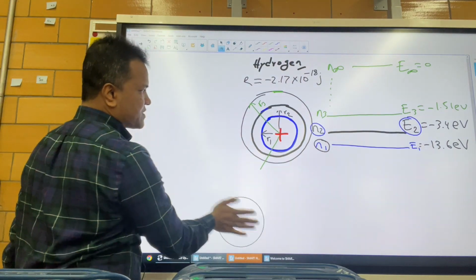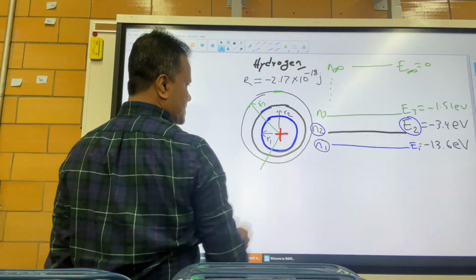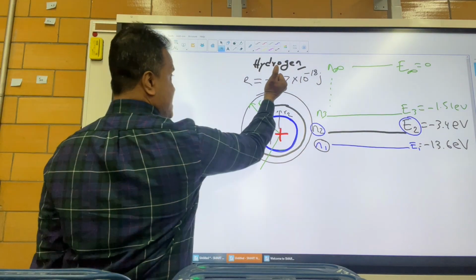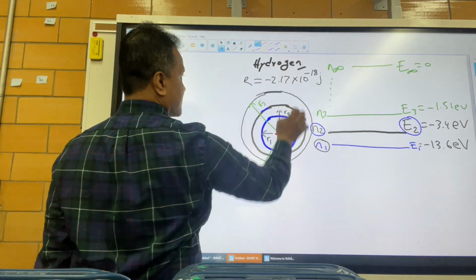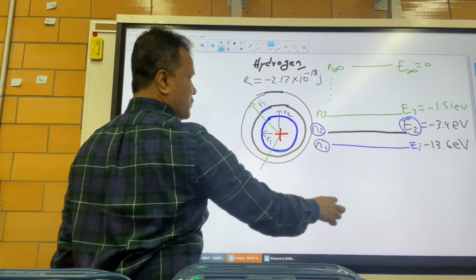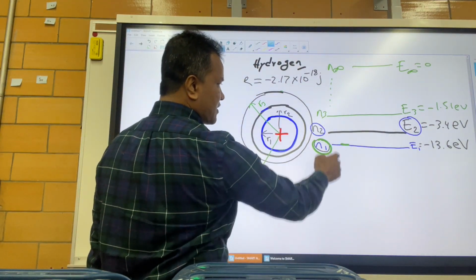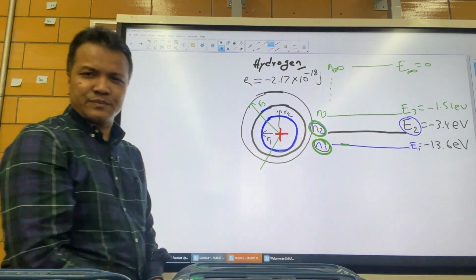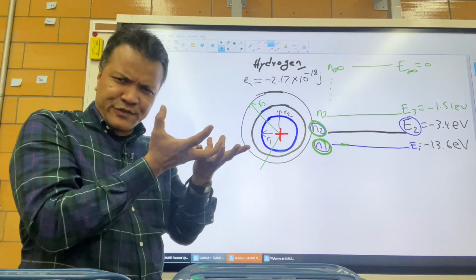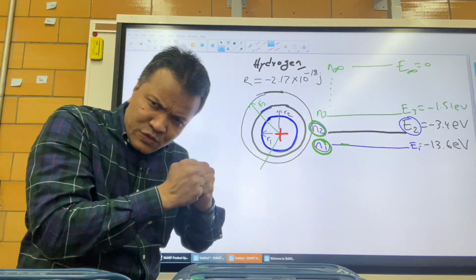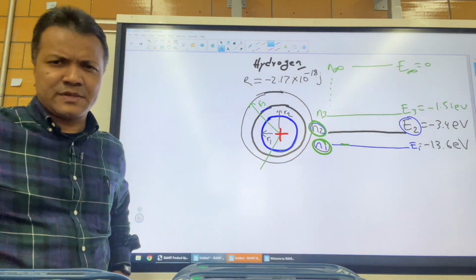Now, we don't need this. Say the electron is here, not there, and the electron wants to go from the ground state to N2. How much energy does it need to go there? Let's find it out.